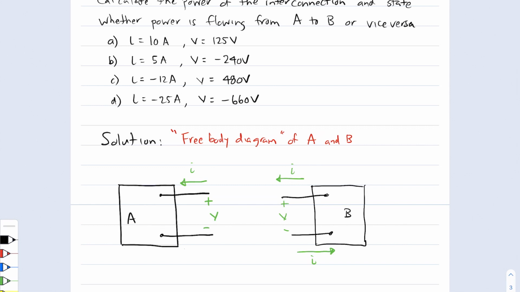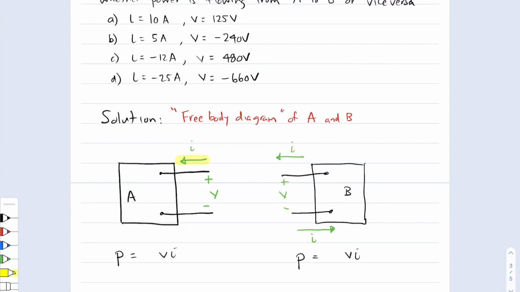Now notice that we can actually write the power equation for each one of these. For this one, notice that this current is going in the direction of the voltage drop. Why? Because it's originating there, flowing through, and ending up there. Now, because it's going through a voltage drop, there is a sign associated with this equation. This one is positive. Conversely, on this one, notice that this current originates over here, goes through the element like this, ends up there.